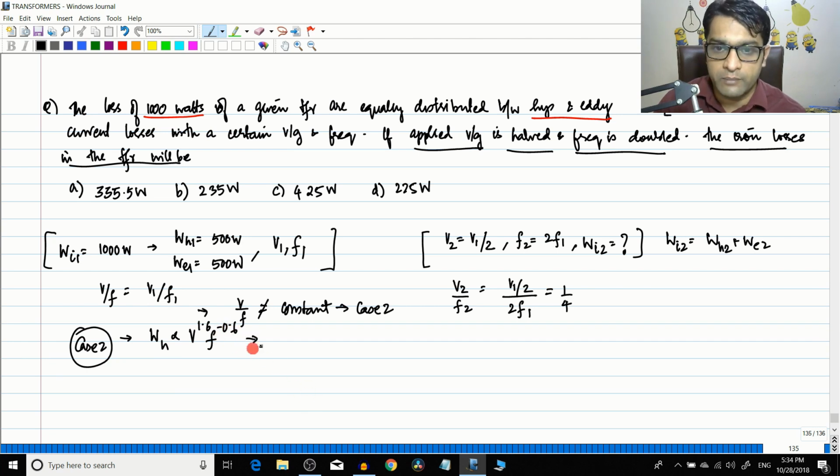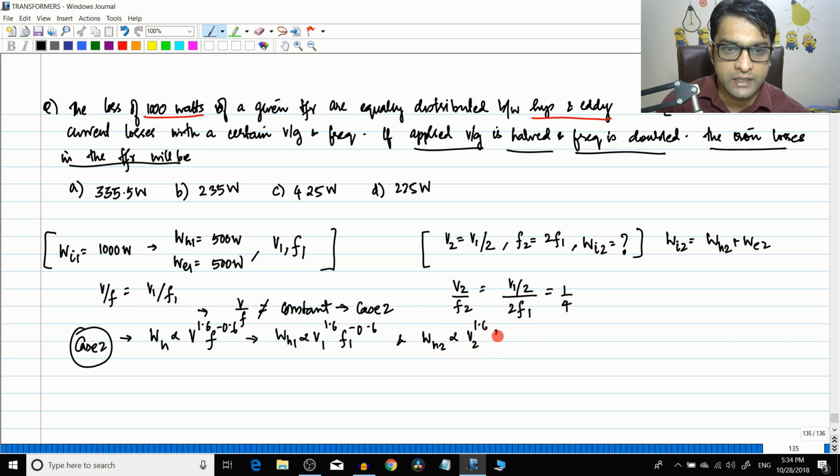So WH1 is proportional to V1 raised to 1.6 into F1 raised to minus 0.6, and WH2 is proportional to V2 raised to 1.6 into F2 raised to minus 0.6. But V2 is equal to V1 by 2 and F2 is equal to 2F1.